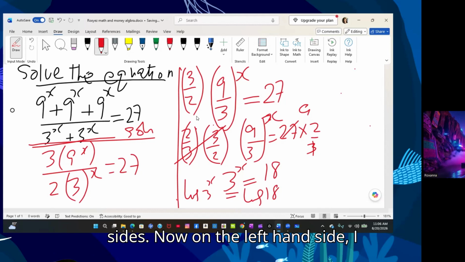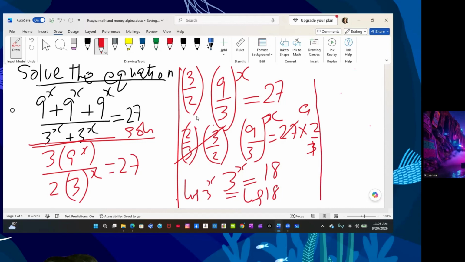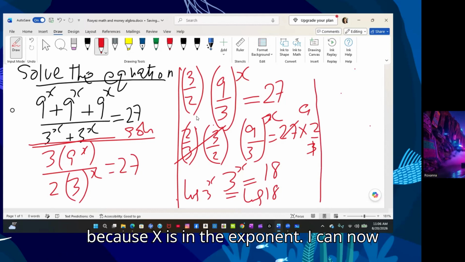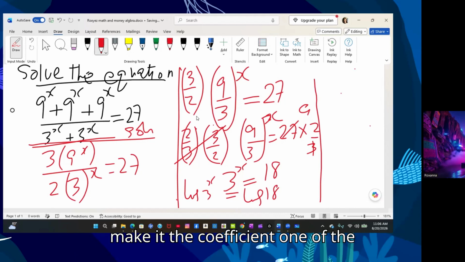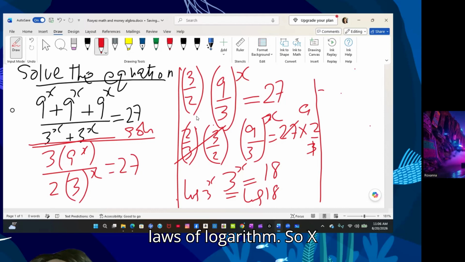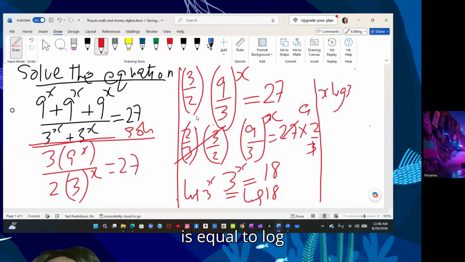Now on the left-hand side, I can isolate x. Because x is in the exponent, I can now make it the coefficient. One of the laws of logarithm. So x log 3 is equal to log 18.